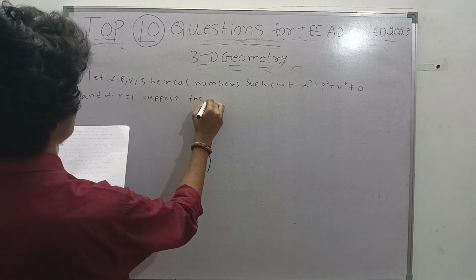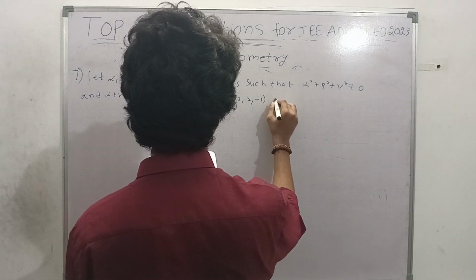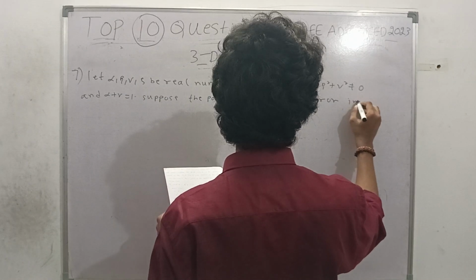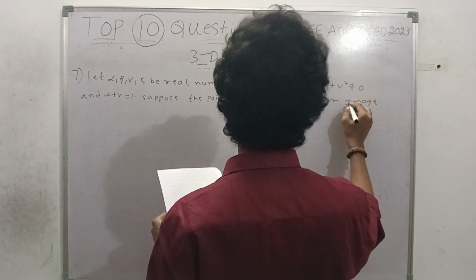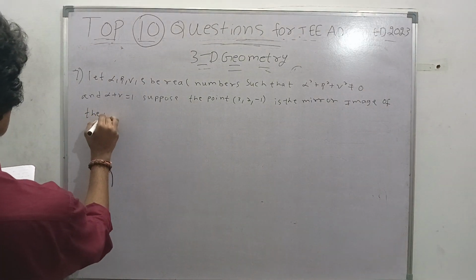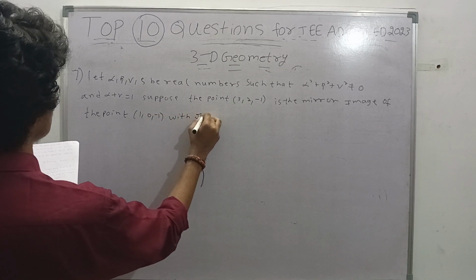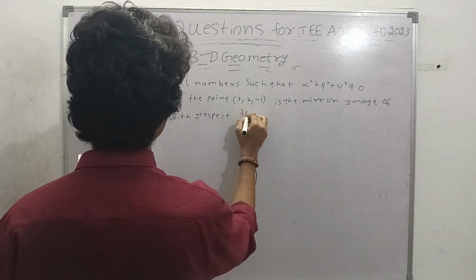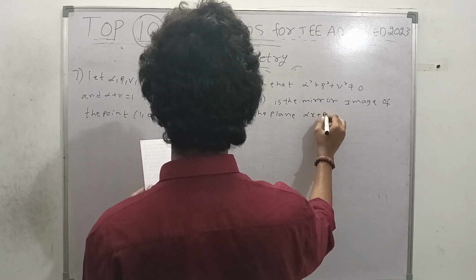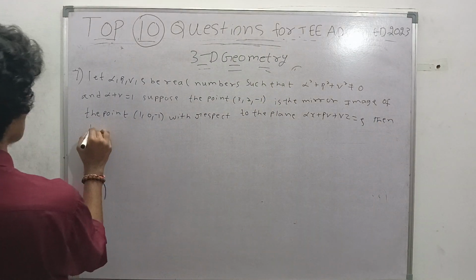Suppose the point 3, 2, minus 1 is the mirror image of the point 1, 0, minus 1 with respect to the plane alpha x plus beta y plus gamma z equal to delta.